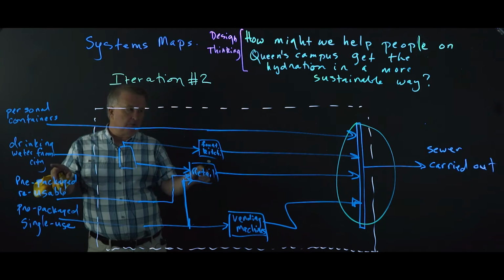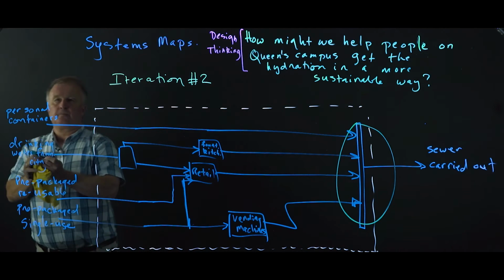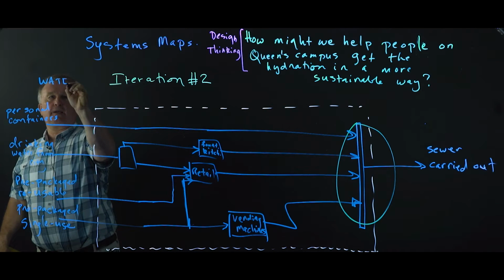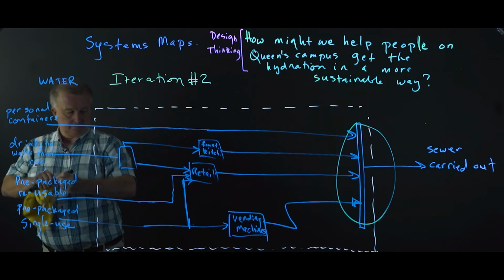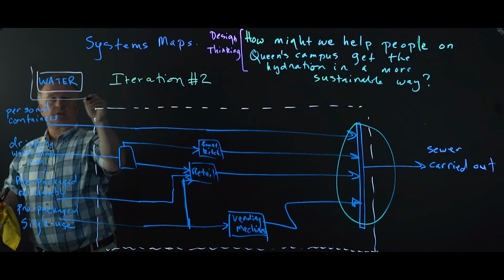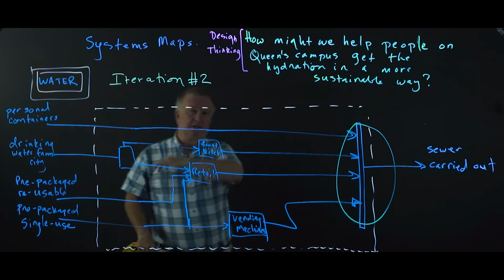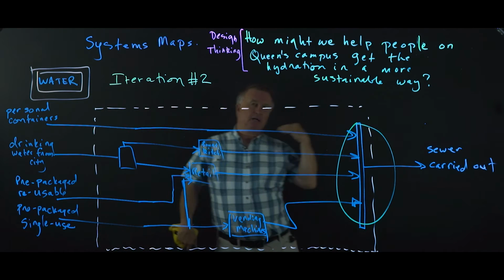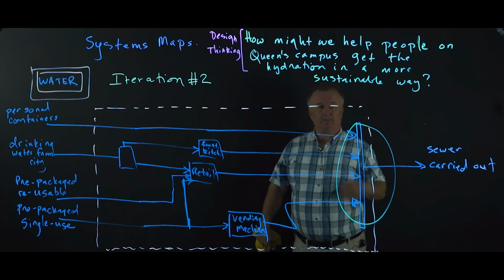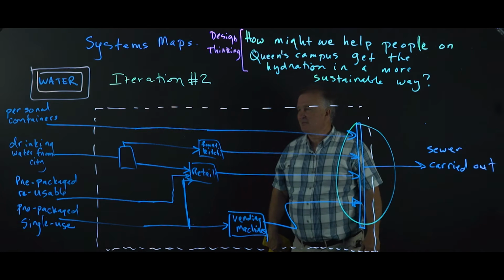The reason the diagram looks like this is because the thing that we've been keying in on is water, okay? This diagram has been built from the point of view of water coming into campus and water leaving campus. If you want, it's a systems map that describes a day in the life of water on Queen's campus, okay?